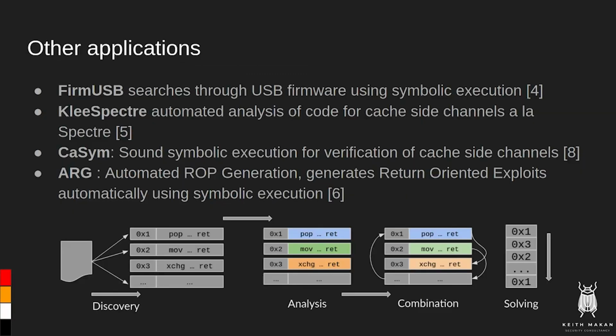And just to close, I'm going to talk about some of the other applications. There's this really cool project called FirmUSB, which I believe someone built using Angr, to search through USB firmware using symbolic execution. Basically it checks for cases of BadUSB, which is when you have USB devices that pretend to be multiple different peripherals.